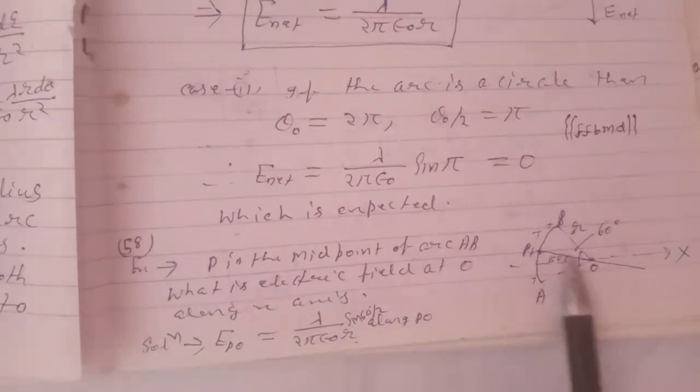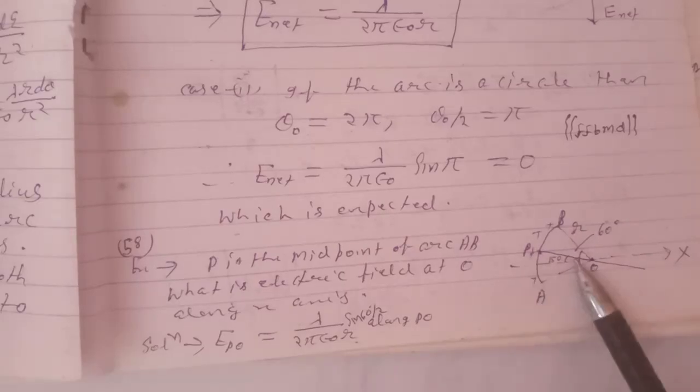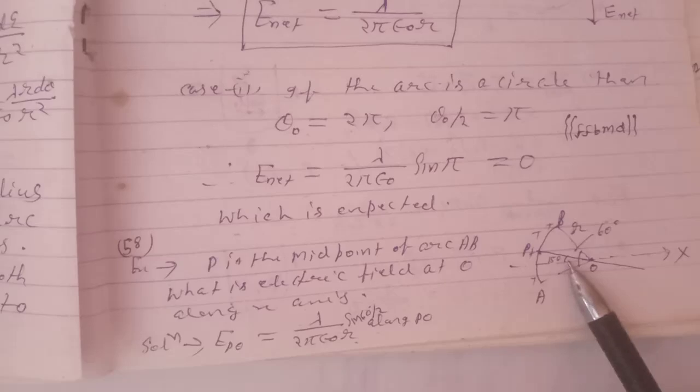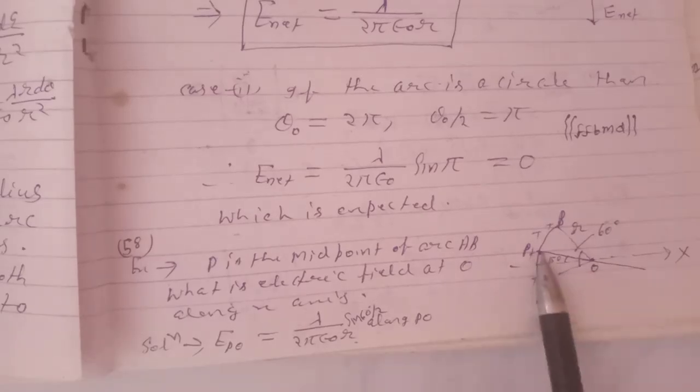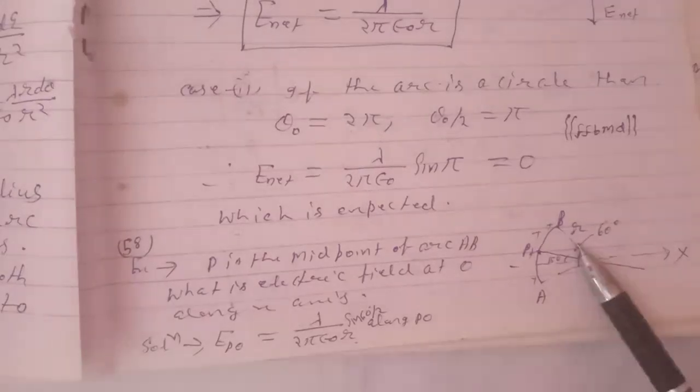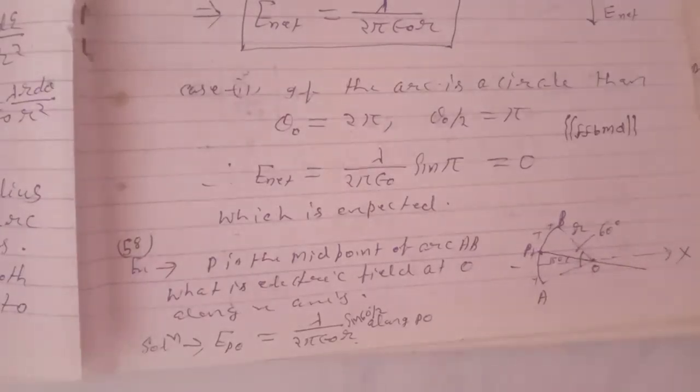If we draw a line, shown here, it is the x-axis, and this angle is given as 15 degrees, and this is the middle point, and a line passing through this middle point connects O in this direction. So this will be theta naught by 2. Here theta naught by 2 is 60 by 2, equal to 30 degrees.